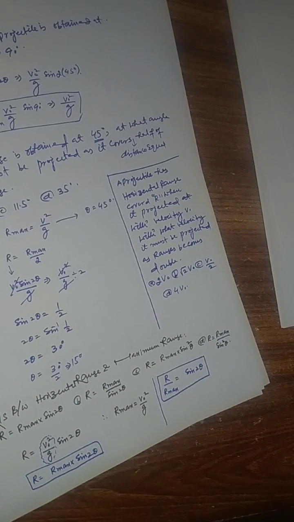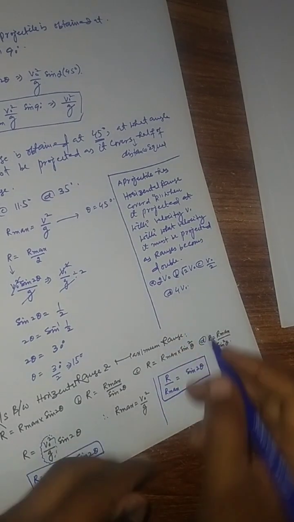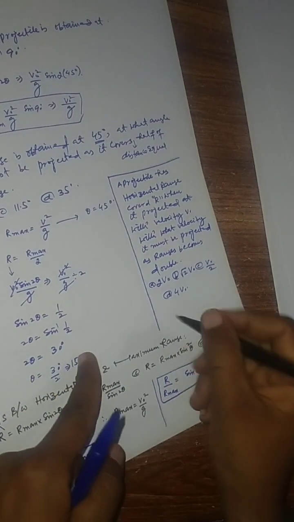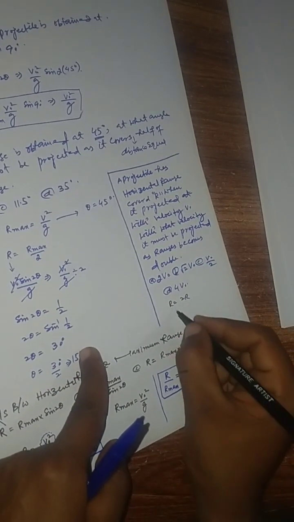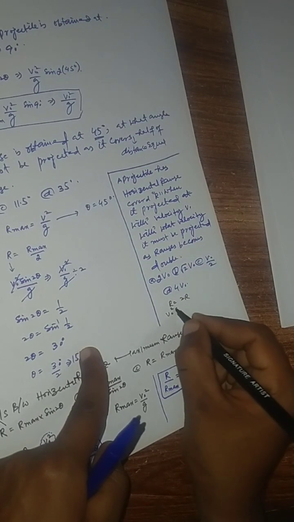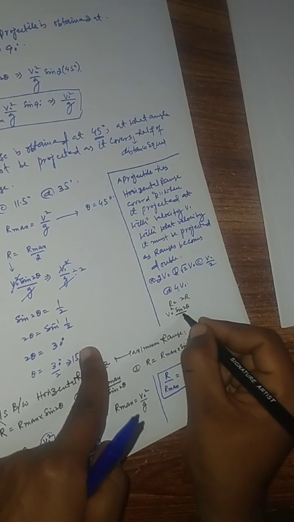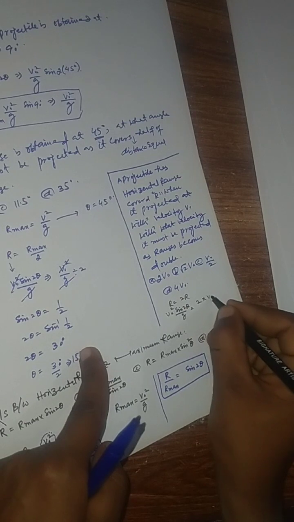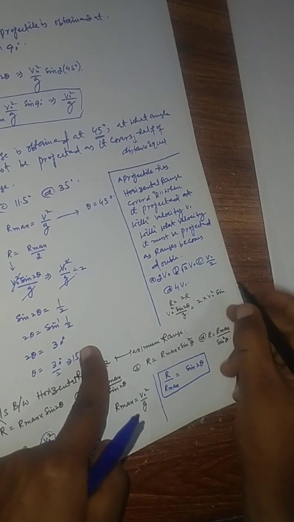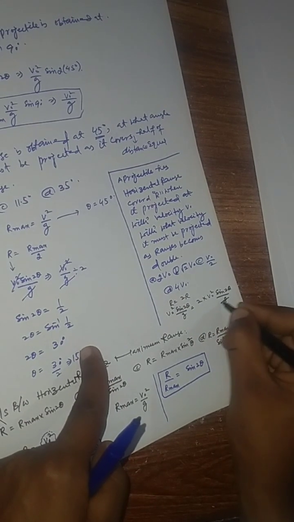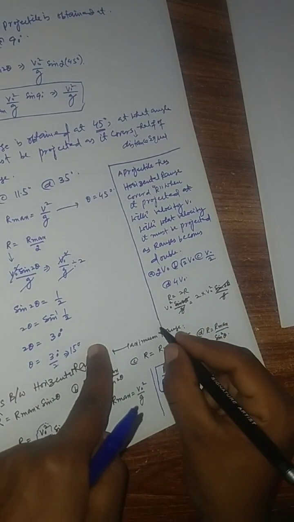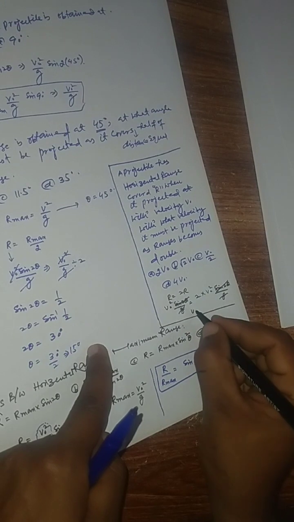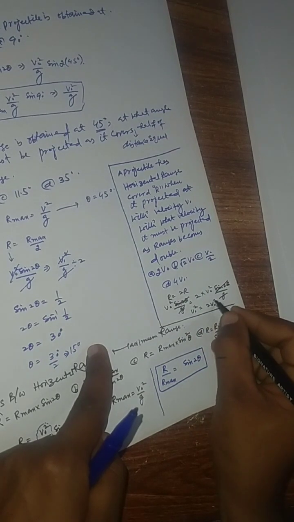This is the same situation as it was in maximum height. So again we have given that R becomes twice the original. So R is equal to v naught square sine 2 theta over g, and this is 2 v naught square sine 2 theta over g. g sine 2 theta gets cancelled, and we get v naught square and 2 v naught square.